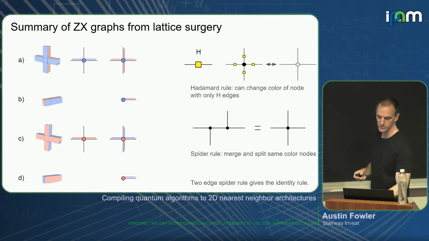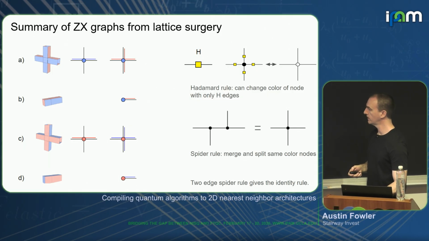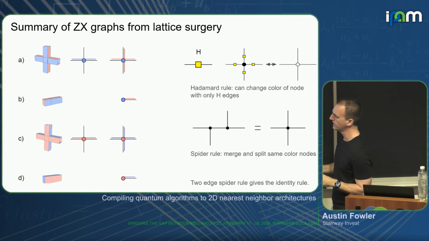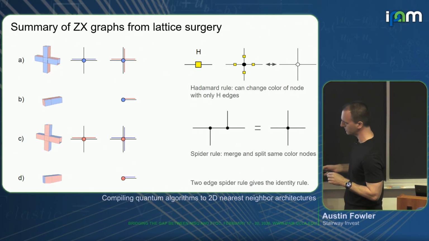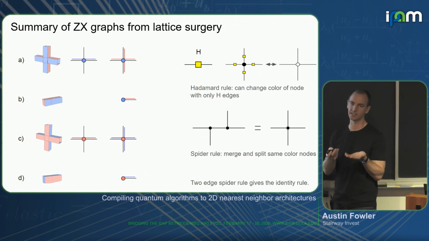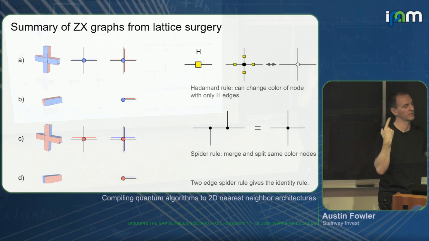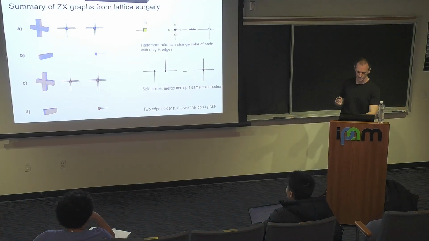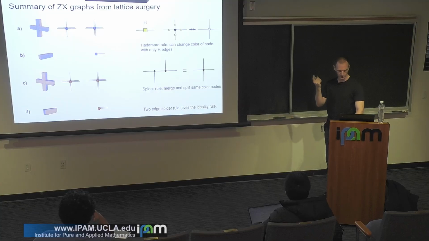So we are going to use these rules. Last but not least, there's an identity rule, which basically says if I reduce one of these nodes down to having just two edges, then both of these sides, red goes straight through and blue goes straight through, make it look like an identity gate. So if you only have two edges on a node, it's the same as an identity. It doesn't matter what the color of the node is, and you can just remove it.